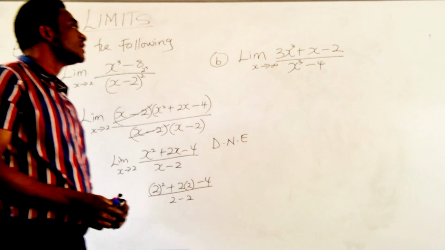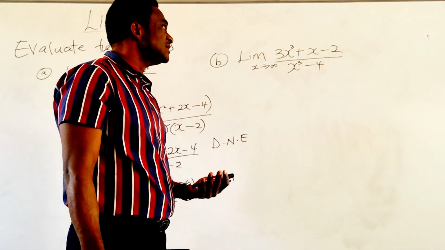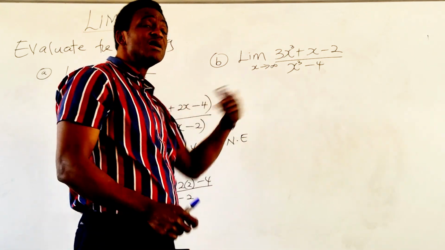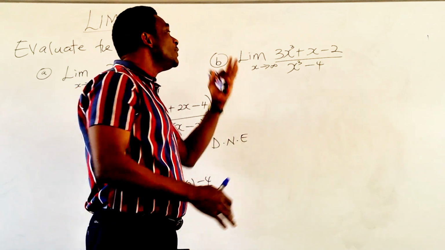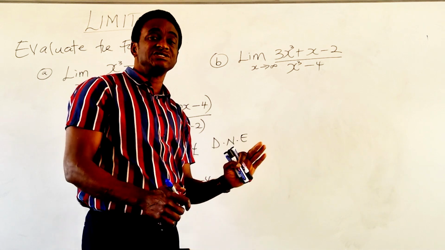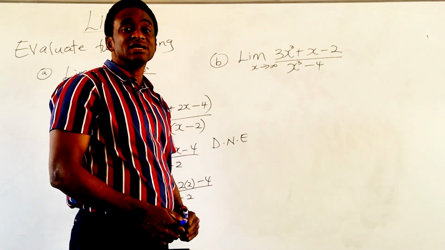Let's look at the second one quickly. If any limit is tending to infinity, what we do is we check the variable with the highest exponent, and we divide every section of the numerator and every section of the denominator with that variable with the highest exponent.